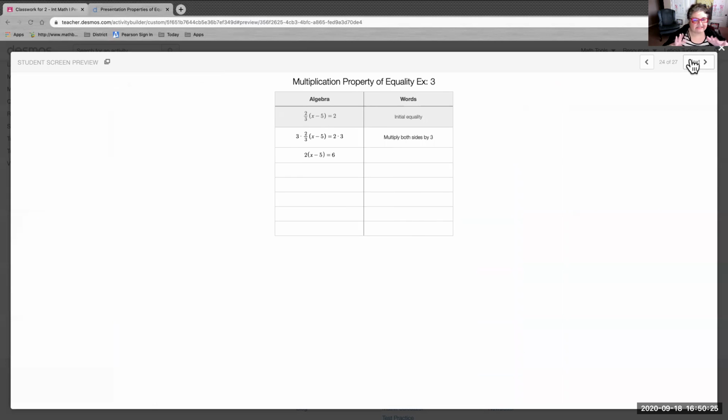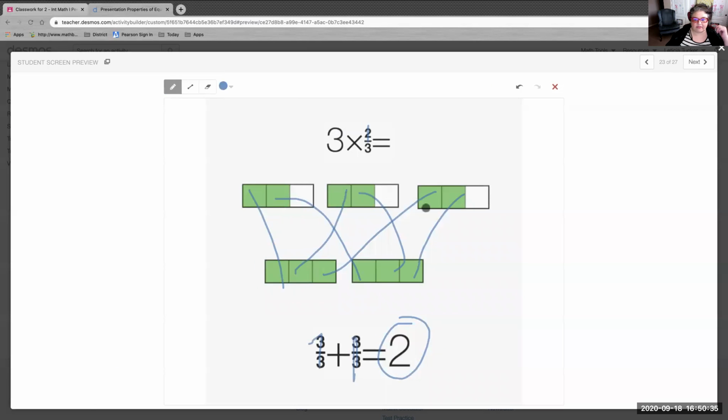If that doesn't work for you, another way to look at this is 3 times 2/3. Let me show you over here. You could put 1 here, and then 3 times 2, you multiply across, that's 6. 1 times 3, that's 3. 6 divided by 3 is, you got it, 2.